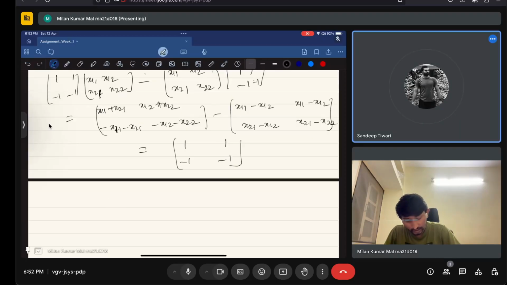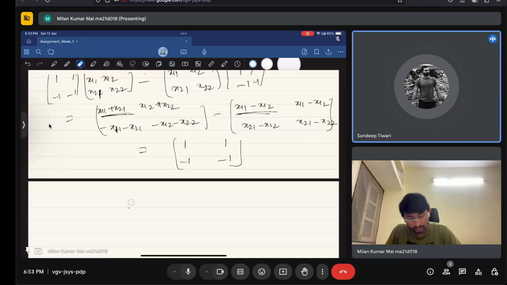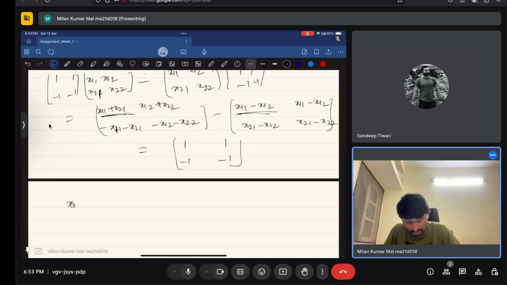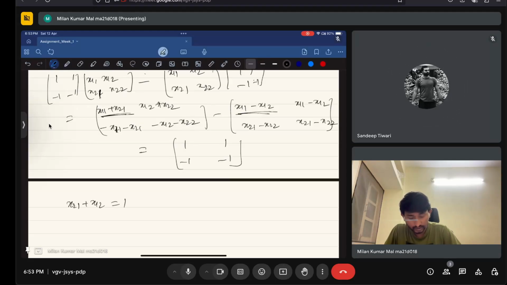So this one will be x21 plus x12 equal to 1. That's true.